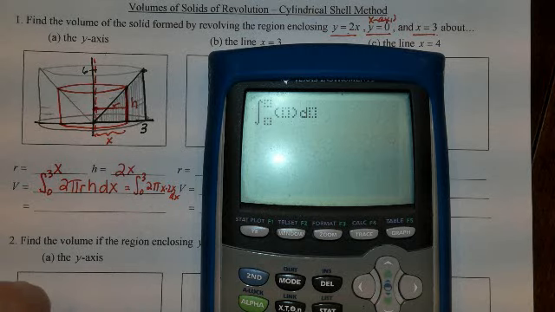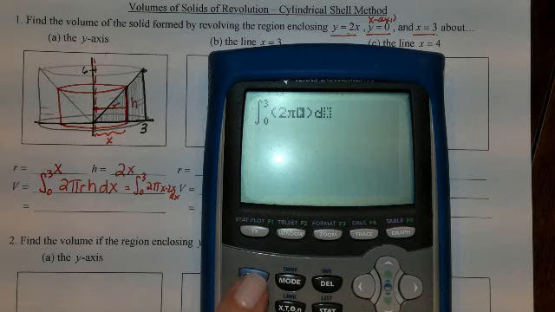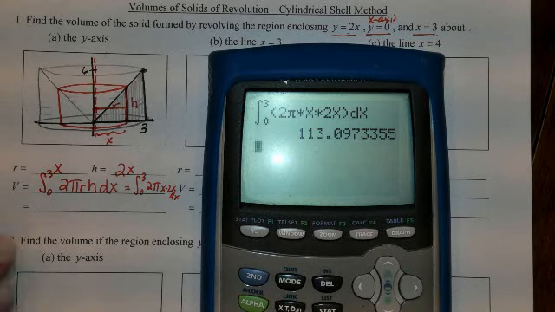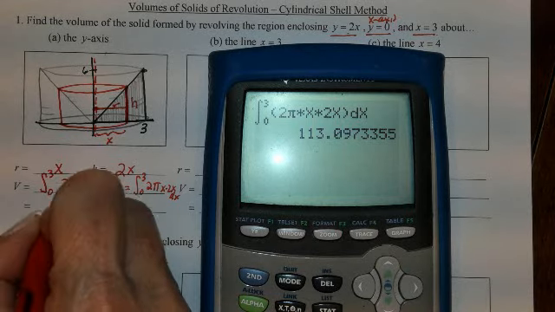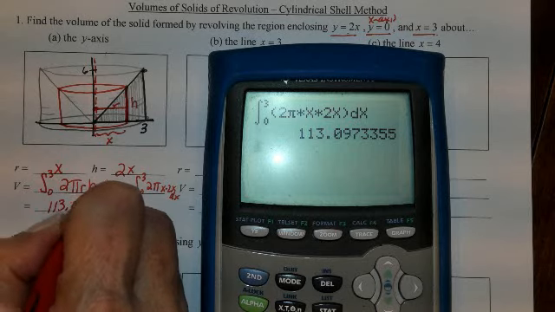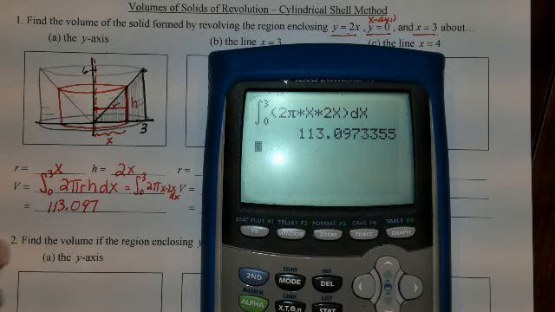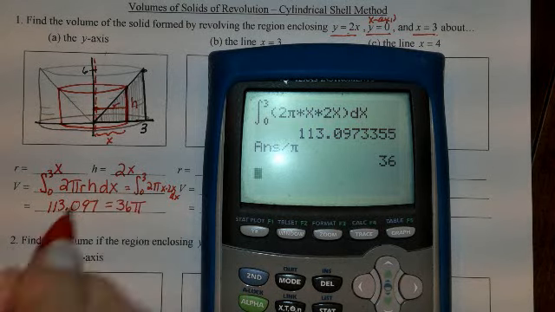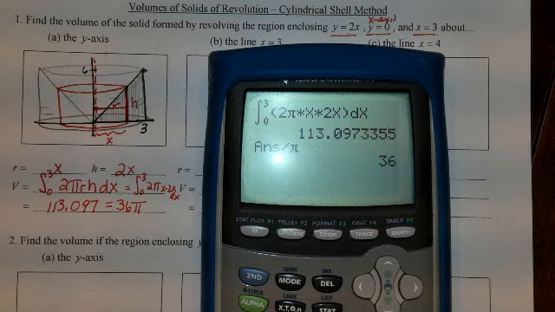Math 9, 0 to 3, 2 pi times x times 2x, dx. 113.097. If you wanted to find out what that was without pi in there, then just divide out pi. So this would be 36 pi.